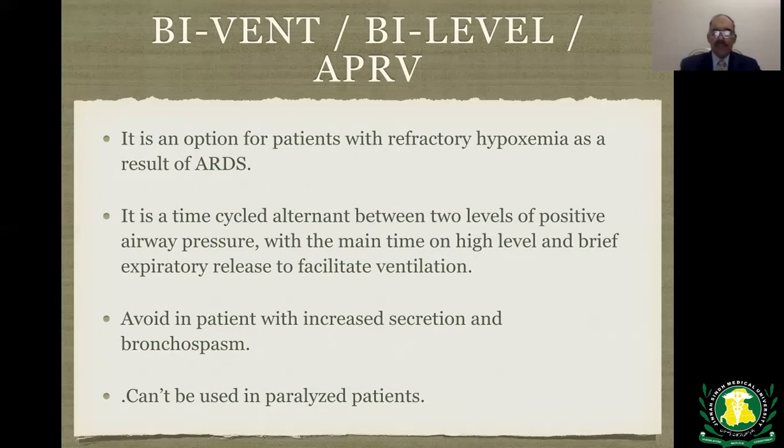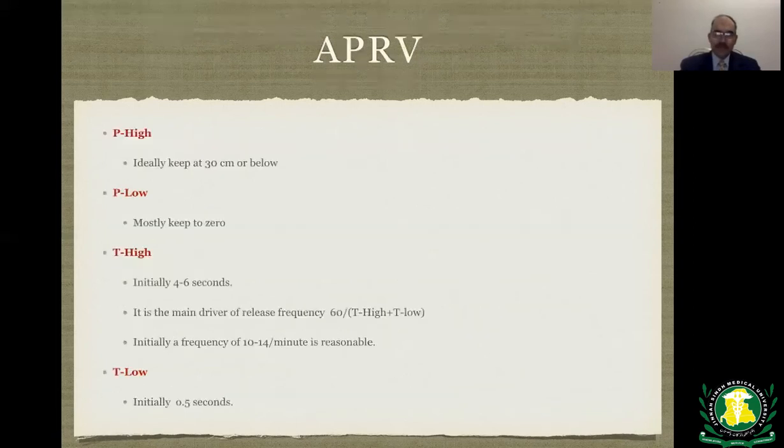Can it be used in paralyzed patients? It's sort of a spontaneous mode, in the sense that the patient breathes spontaneously on both pressures, higher as well as lower pressure. So the parameters that you have to pick include high pressure, known as P high, and ideally it should be less than 30.